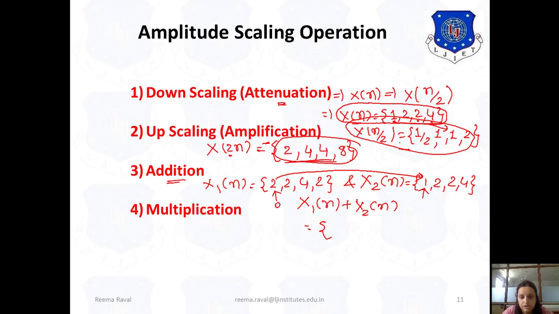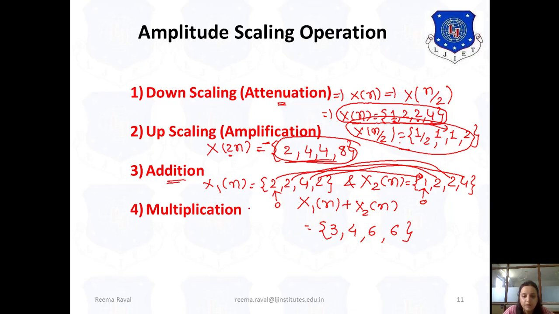At the 0 position its value is 2 and here its value is 1, so 2 plus 1 is 3. Then next instant it's 2 and this is 2, that is 4. Then this is 4 and here it is 2, that means 4 plus 2, 6. Here it is 2 and the next value is 4, so 2 plus 4, 6. So this is the addition operation.